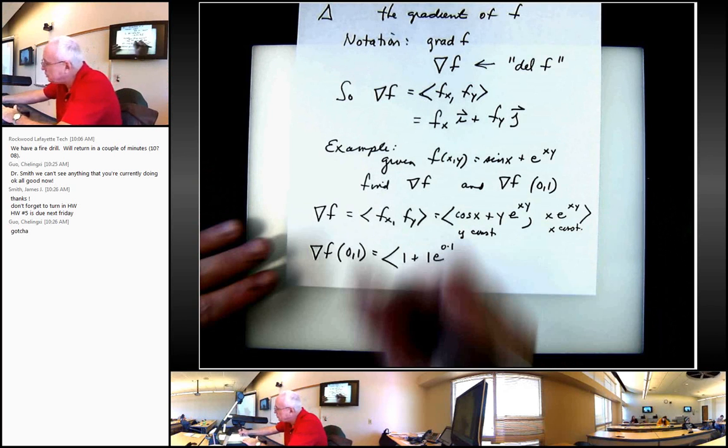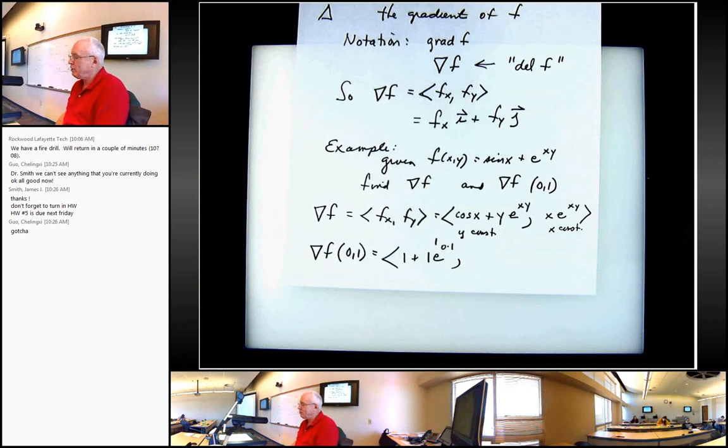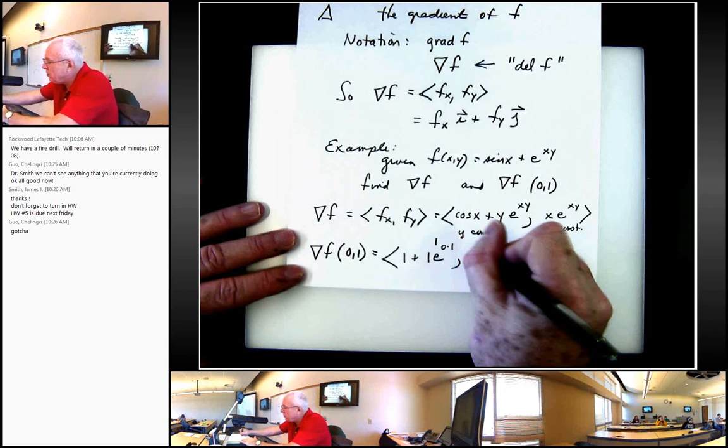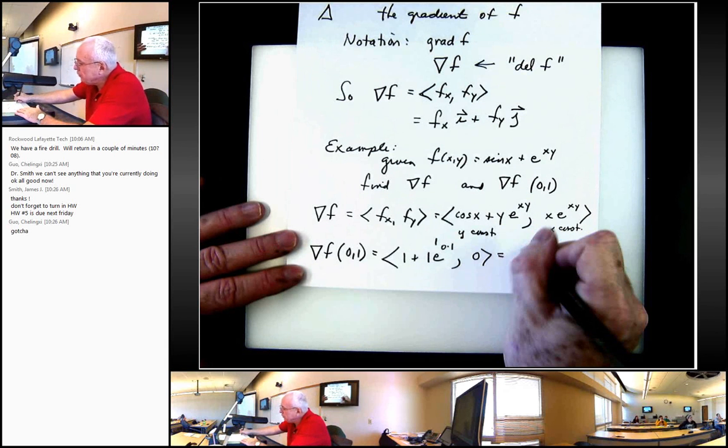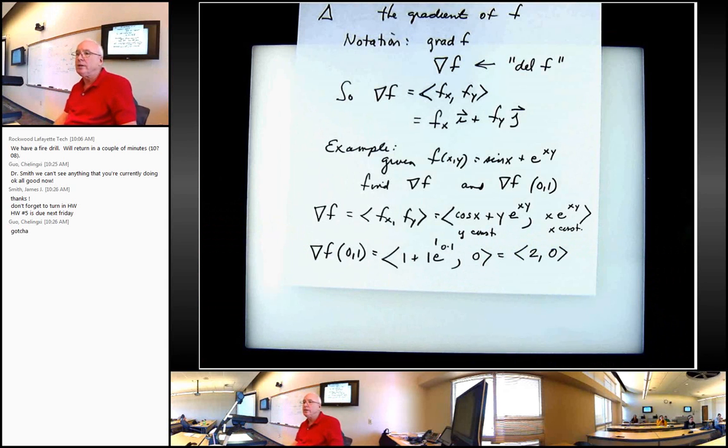So that's just a 1. And then our second part is just 0. We got that x in front, x is 0, so that's 0. So the first part is 1 plus 1, so we've got (2, 0), and that's the gradient.